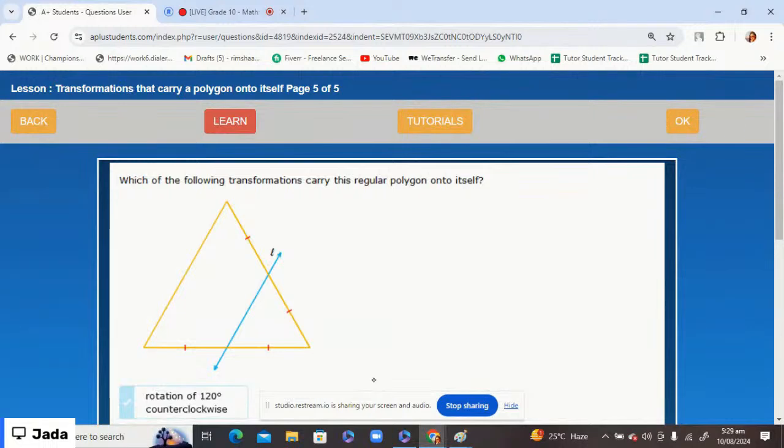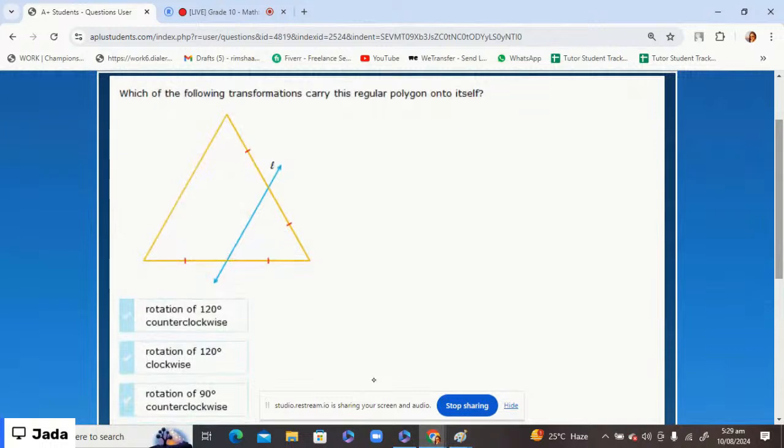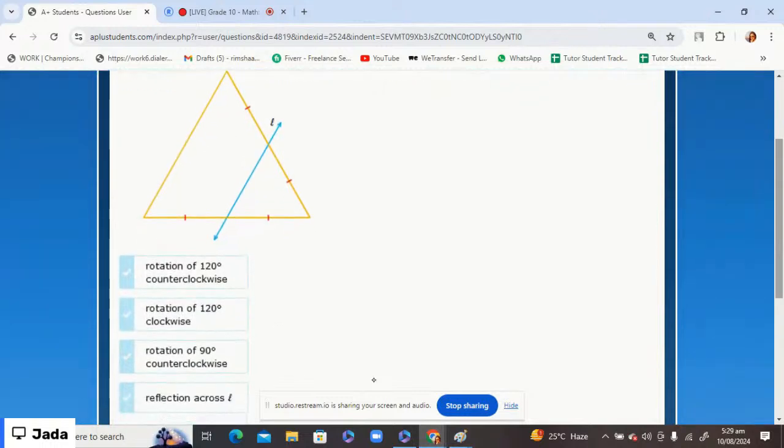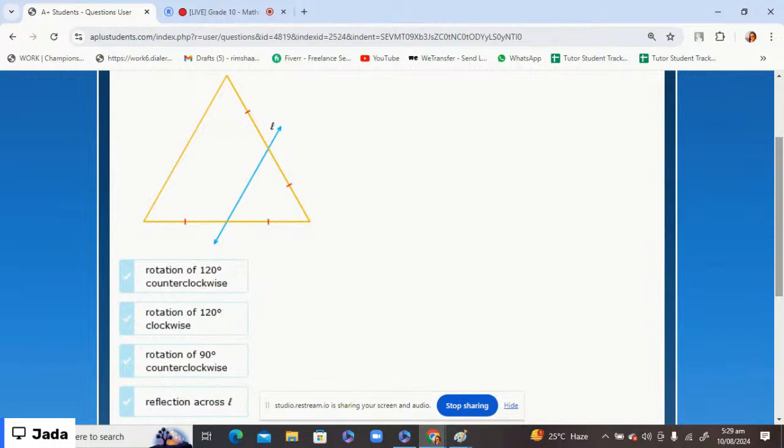Now look at this one. Which of the following transformations carry this regular polygon onto itself? Now you guys tell me. This is an equilateral triangle, and this triangle is cut by the two midpoints of line L. So three sides divided over 360, and then tell me the answer.